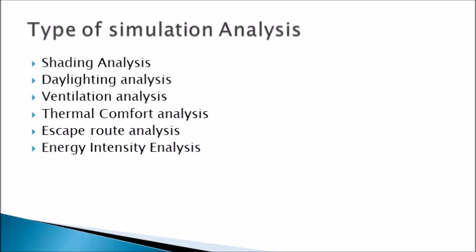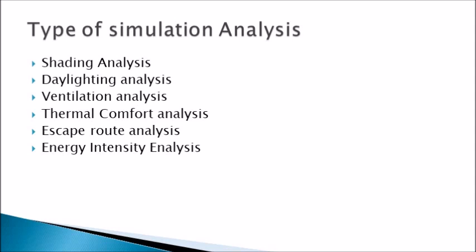Okay, so in thermal comfort analysis, you will use the parameters provided in the simulation analysis. For example, temperature, radiant temperature, humidity, air movement, and this will be calculated to provide derivative indices such as thermal comfort indices to give an idea of how comfortable your building is thermally.